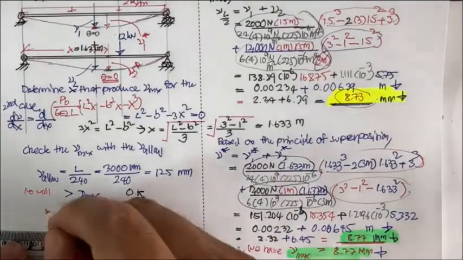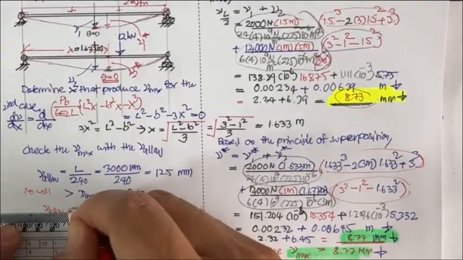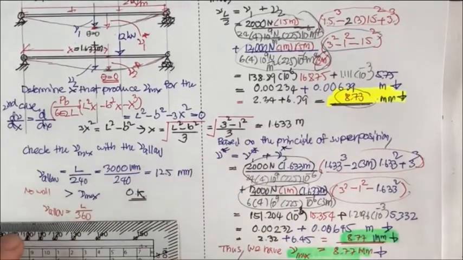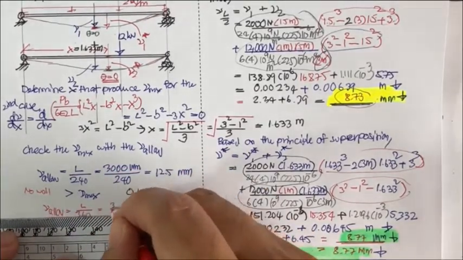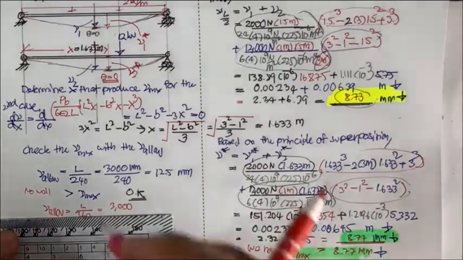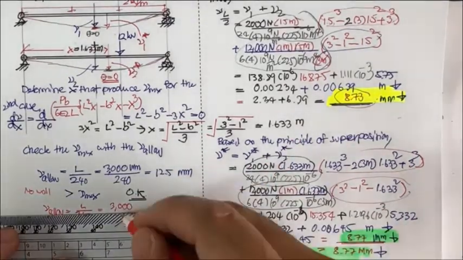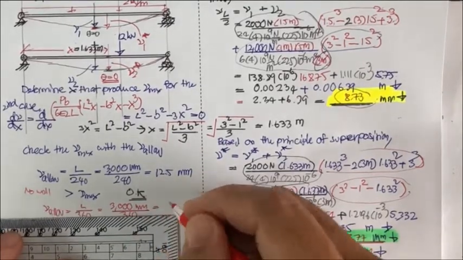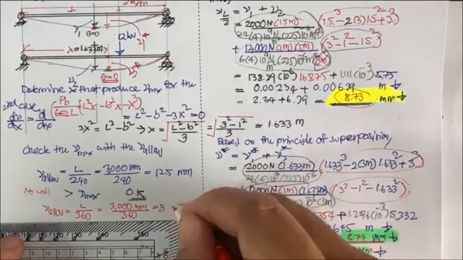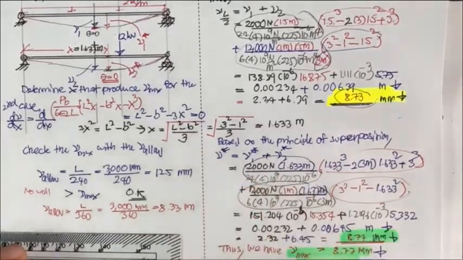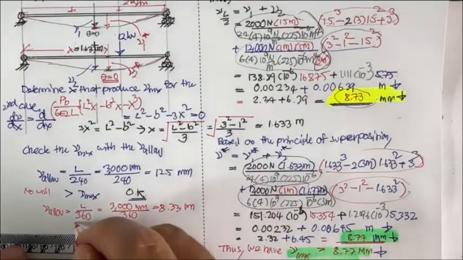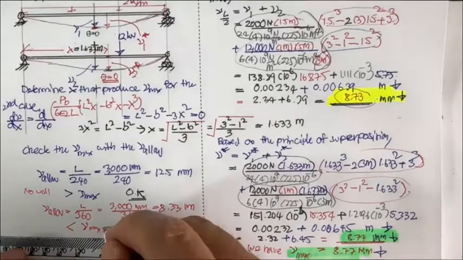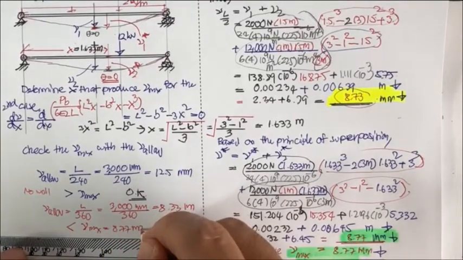If we have the wall under the beam, V allow is going to be equal to L divided by 360. That is going to be 3000 millimeter divided by 360, which is 8.33 millimeter. What happened is V allow is less than Vmax of 8.77 millimeter.